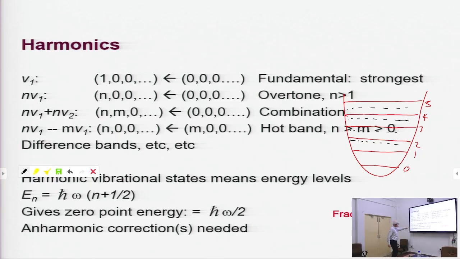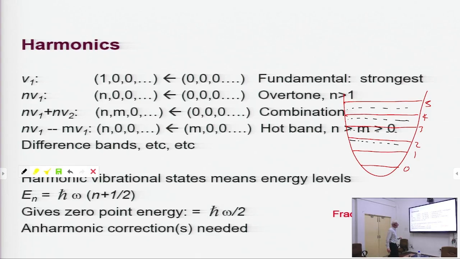So the general harmonic formula is the one I've written here. The energy is given by the fundamental frequency times n, where n is this number I've put up here, plus a half. I've snuck that half in, but it's actually rather important. What this means is you cannot have 0 vibrational energy.